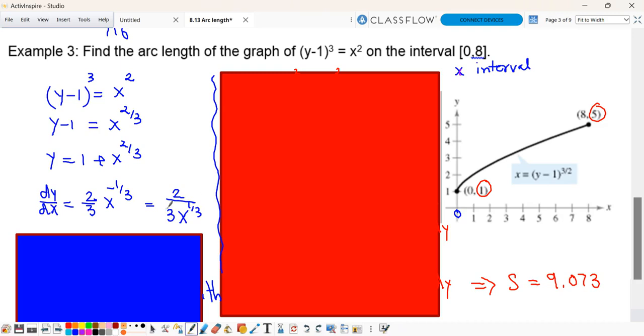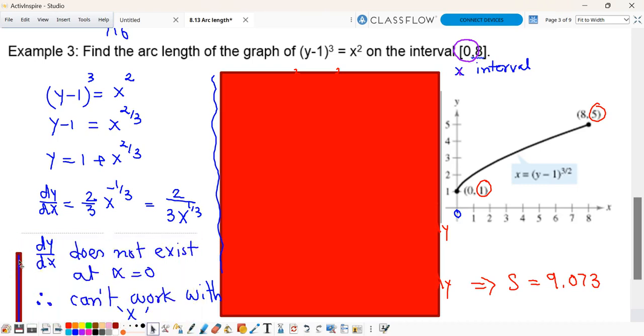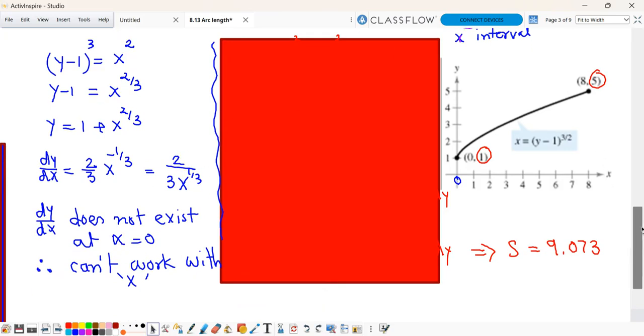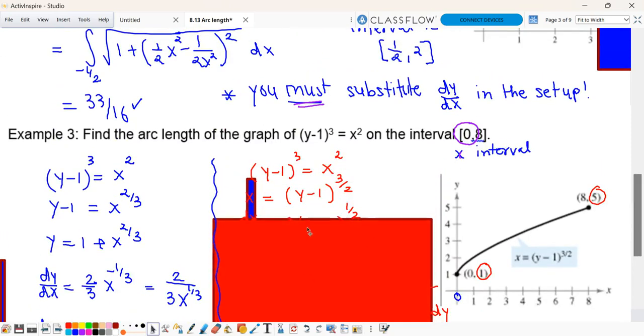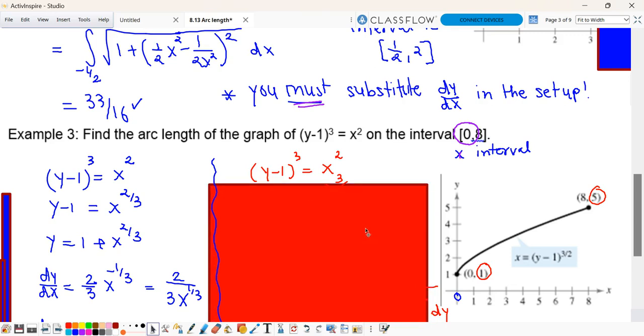Now, clearly, this derivative does not exist at 0, which means dy/dx is not going to work because the function does not exist at the endpoint. So what do we do? We give up? No, we don't give up. We try another method, which is in terms of y.